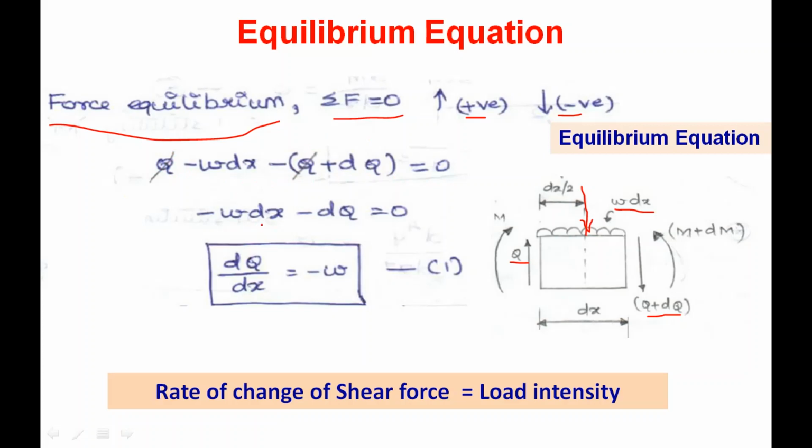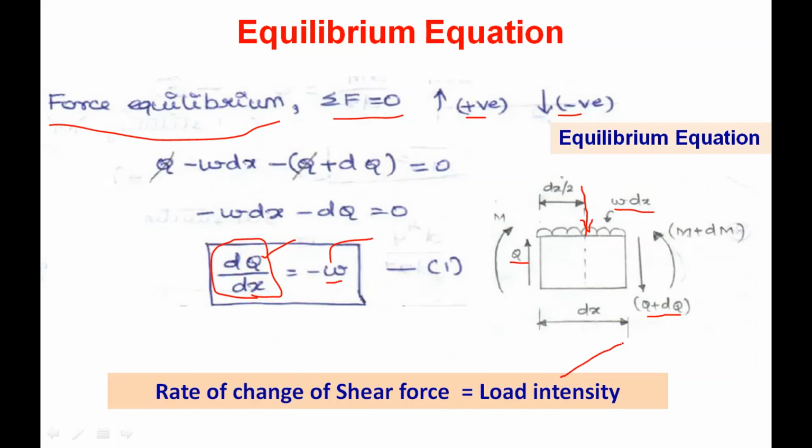Eliminating Q and Q, we get minus W dx minus dQ equal to 0, which gives the important relationship dQ by dx is equal to W. What is Q? Q is shear force. W is load intensity. So what is the physical meaning of this? The rate of change of shear force with respect to the length x, right? Rate of change of shear force dQ by dx is equal to load intensity.